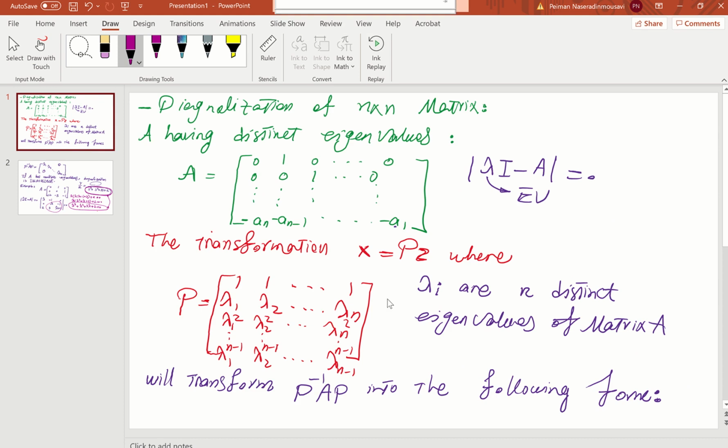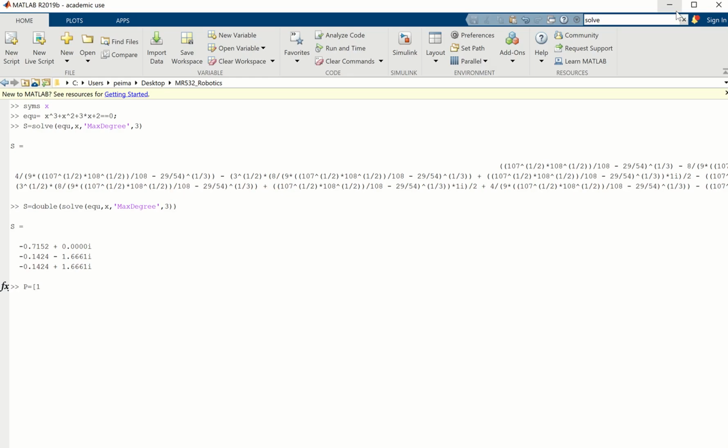Because your system is third order, the maximum power is gonna be 2. So I'm gonna say 1, 1, 1, with lambda 1 and S 1, lambda 2, S 2, and S 3 and 1. First row, second row, third row, and the first column.